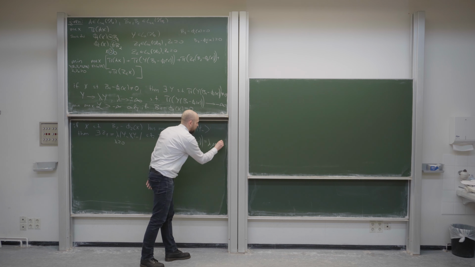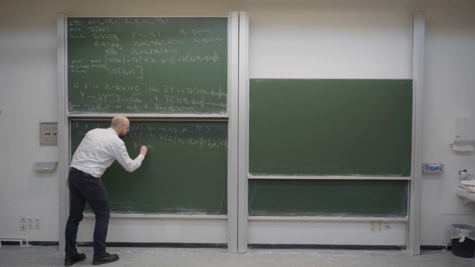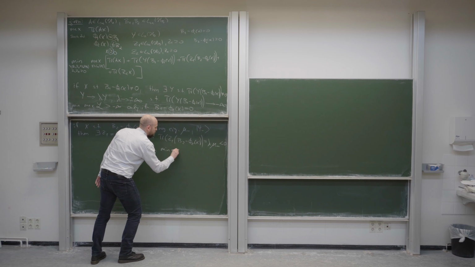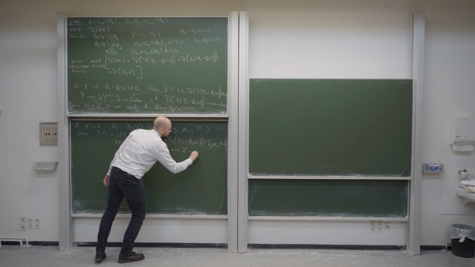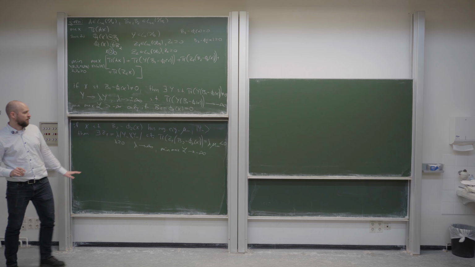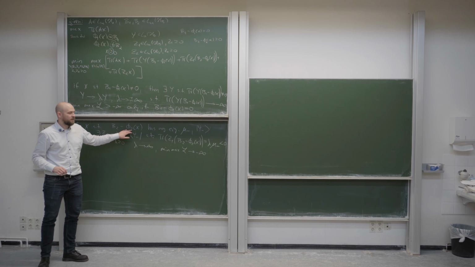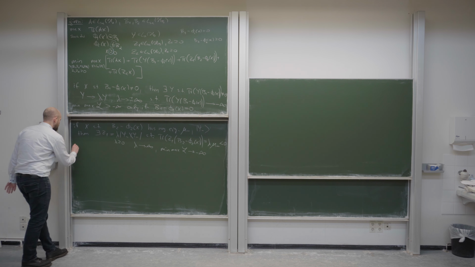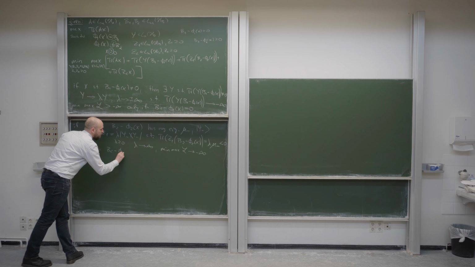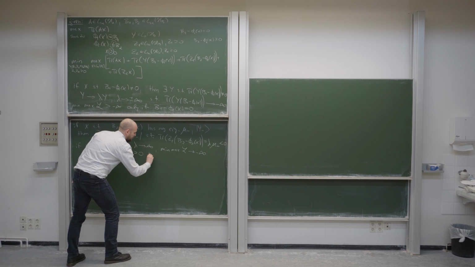So this number is less than 0. But now, by sending lambda to infinity, we are sending the min of the max of L to minus infinity. So the only way to get rid of this minus infinity is to choose x such that this is positive semi-definite.